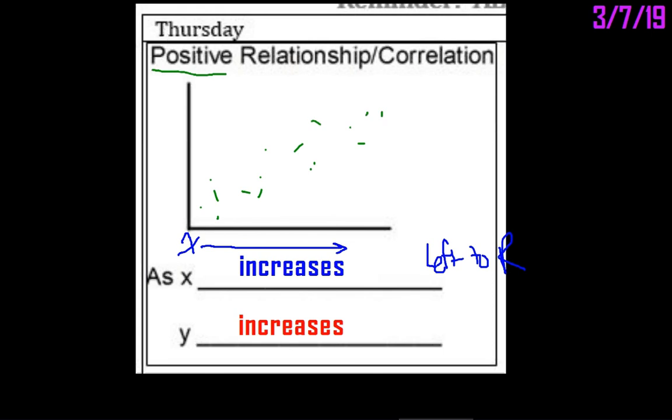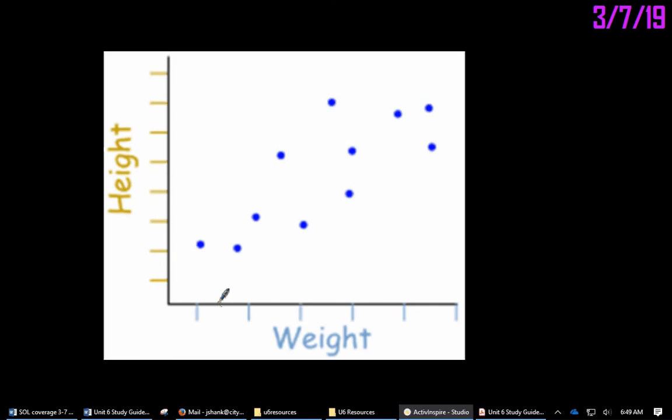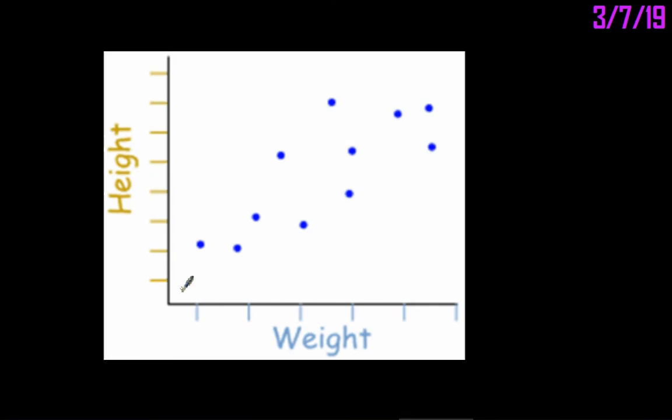An example of that, more in detail, if you want to draw this one out, would be height and weight. So this is just basic biology, or I guess it would be physiology. The name escapes me, but anyways, just basic anatomy.